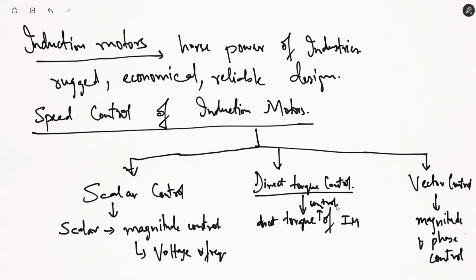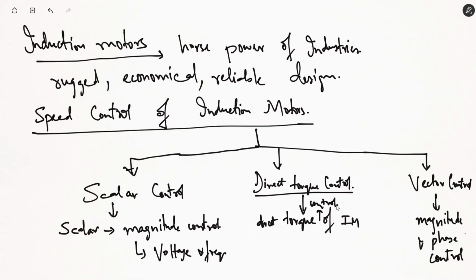Direct torque control strategy is sometimes referred to as an advanced scalar control strategy, or sometimes as a vector control strategy. So instead of grouping it under scalar control or vector control, we can say it's a separate control strategy. In direct torque control, we are directly dealing with the control of torque.